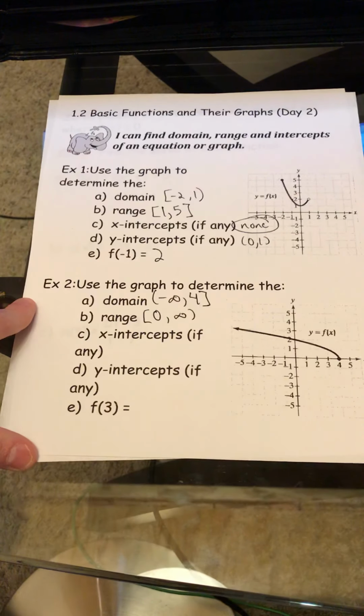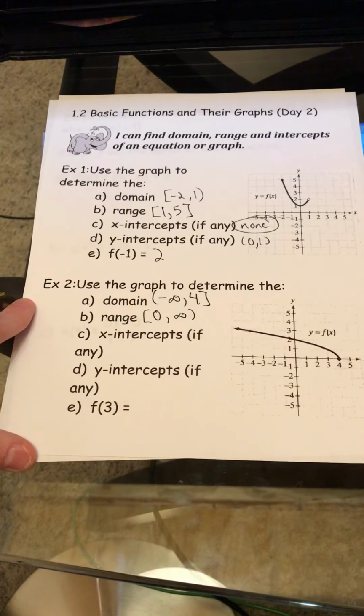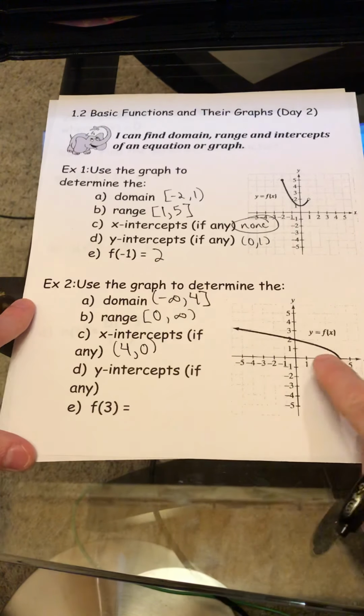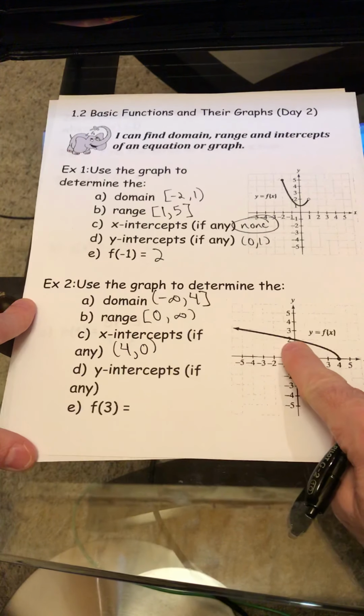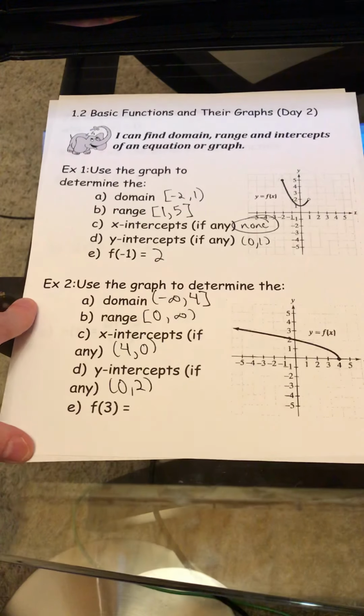to positive infinity. As far as are there any x-intercepts, again, we do want this written as an ordered pair. It crosses the x-axis, or I guess I shouldn't say crosses, but it is along the x-axis at (4, 0). The y-intercept, where it does cross through the y-axis, is (0, 2).